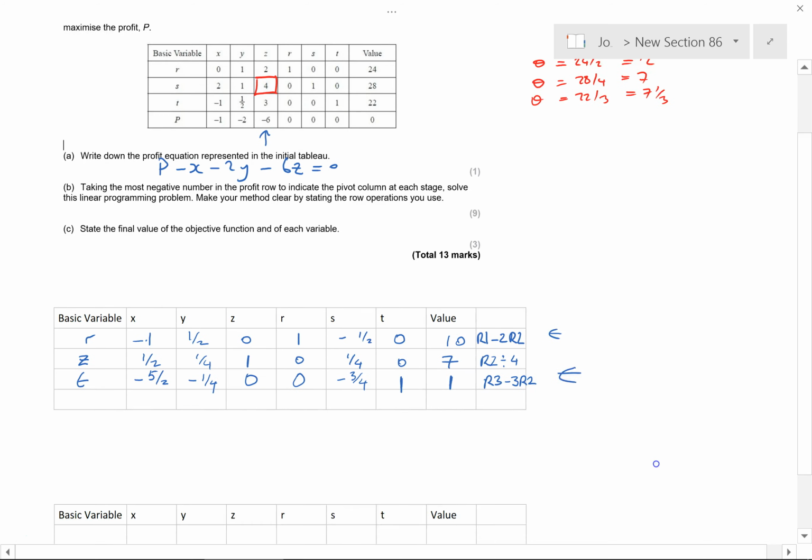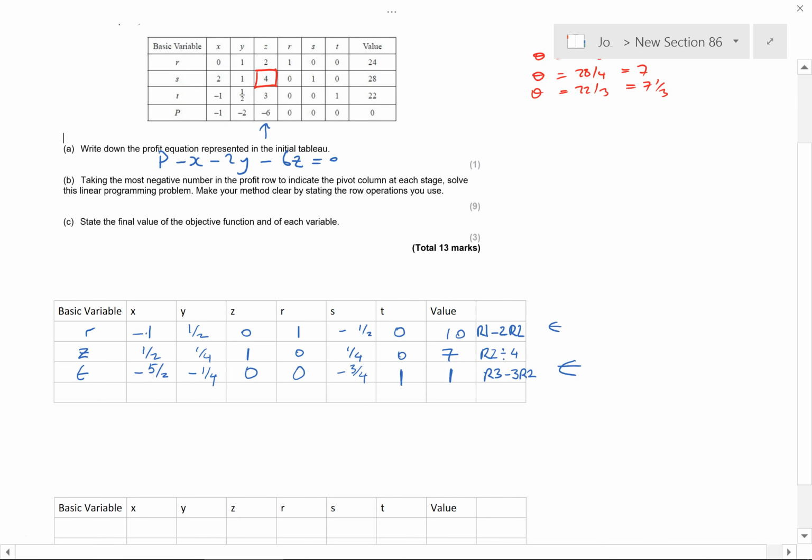Okay, one more row for this time. Profit row. Well, we had a minus 6. So we want to be getting this number to 0, so we need to add 6 from the pivot row. So that makes R4 plus 6 times the pivot row R2, the new R2.